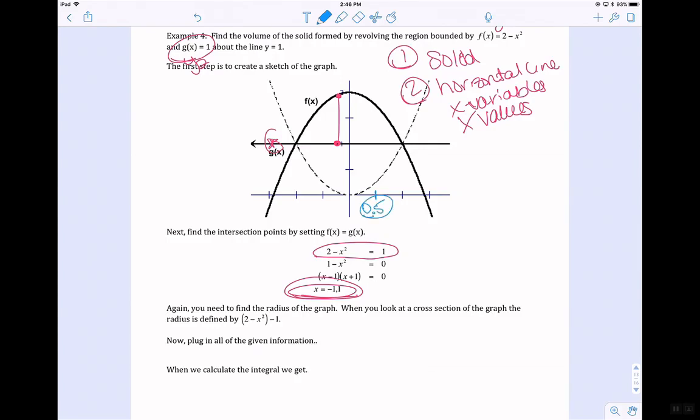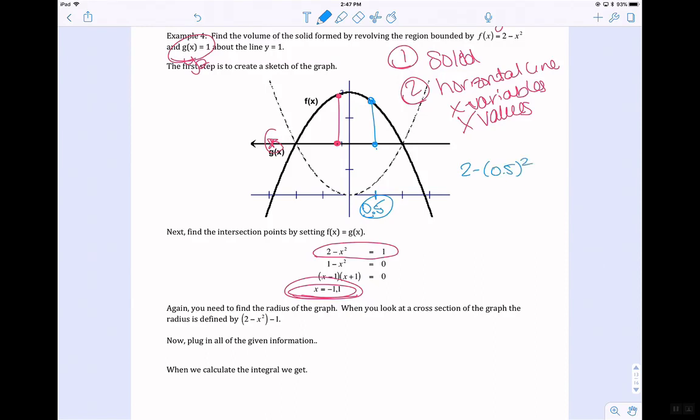And you take this 0.5, and to calculate the distance between my f of x and my g of x at 0.5, I plug my 0.5 into f of x. So I would get 2 minus 0.5 squared.